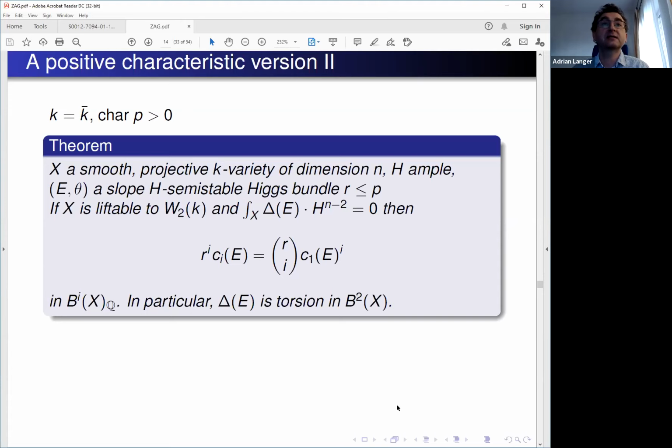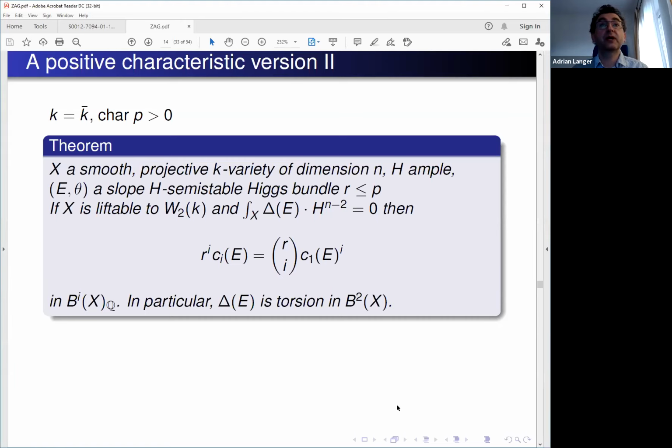the following result. So if we have a smooth projective variety which is liftable modulo p squared, and if we have a slope semi-stable Higgs bundle, one can also do the logarithmic case without any troubles.